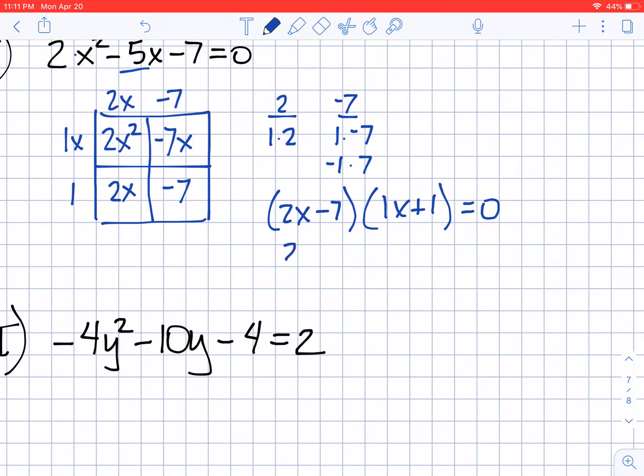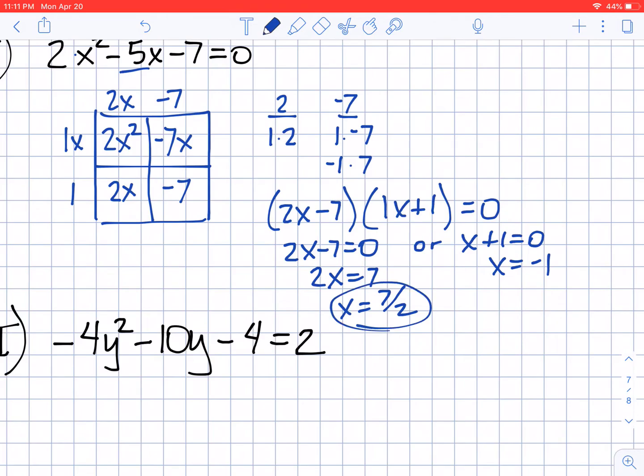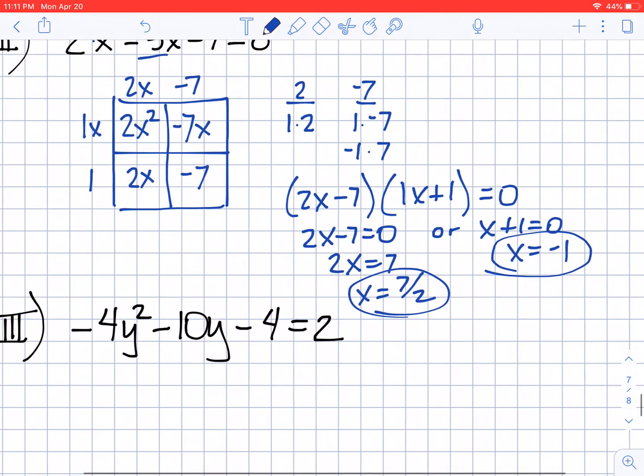Setting them both equal to 0, 2x minus 7 equals 0, so 2x equals 7, so x equals 7 halves. Or x plus 1 equals 0, so x equals negative 1. Circle your 2 answers. Off you go. Last problem.